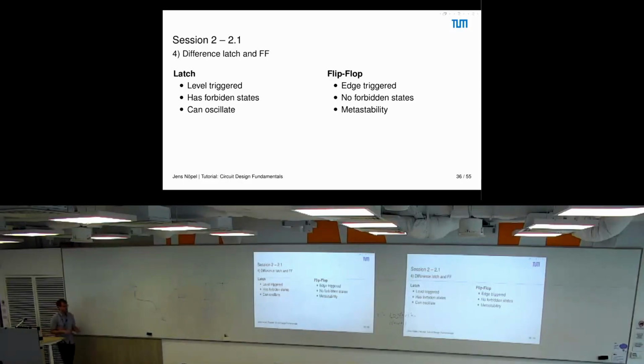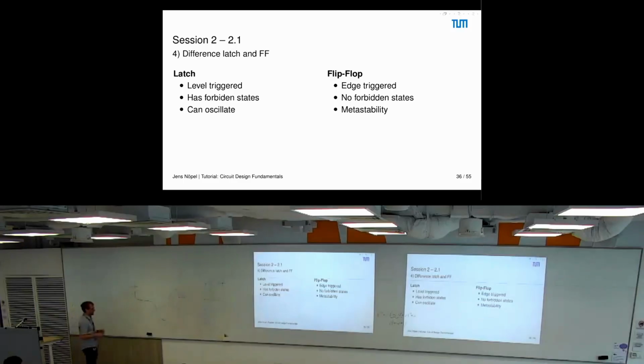As long as we drive these two inverters as intended, we are jumping from here to here, and from here to here, and so on. This is a very stable thing usually.